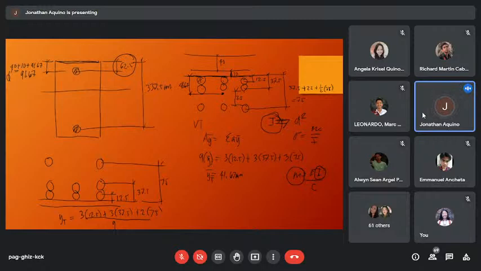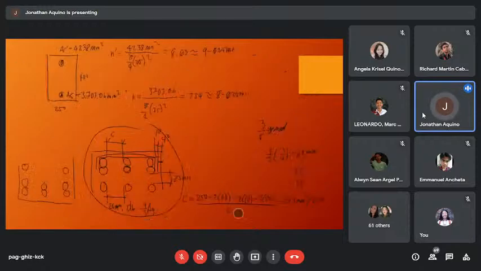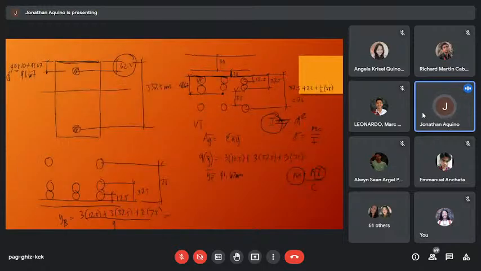So ang Y bottom natin is equivalent to 33.33 millimeter.